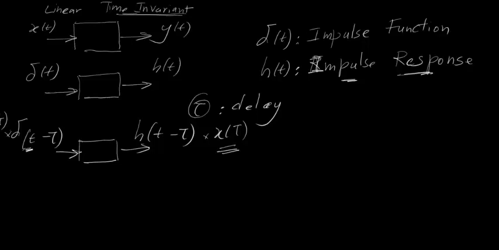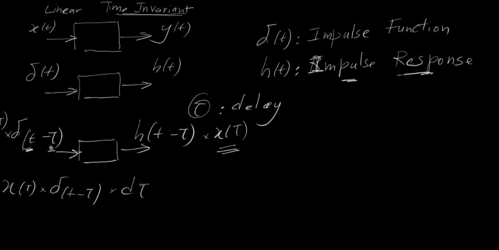And every one of these impulses at the input is multiplied by x, which is the value of the signal x of t at time tau. What we're going to do is take all of these and multiply them by x of tau, and also by a constant d tau. Right?